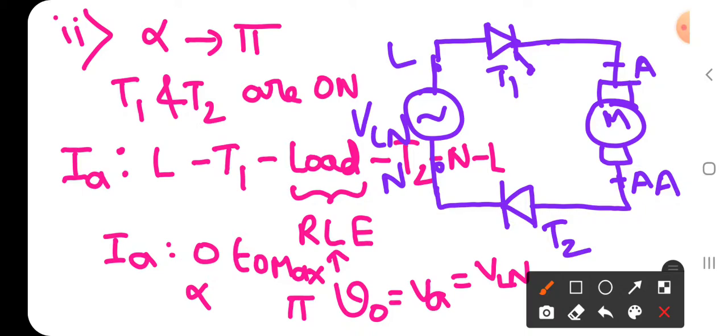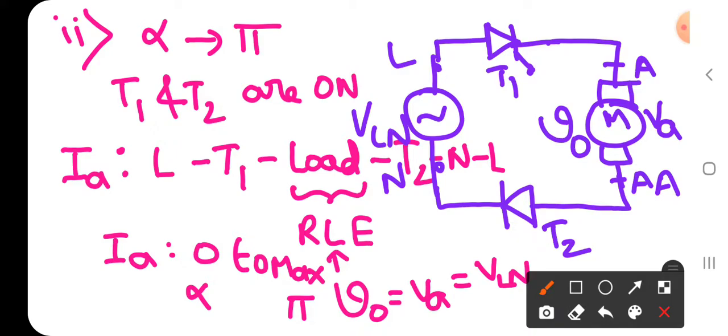Now what is the equation for the output voltage V0, or the voltage across the armature VA? As T1 and T2 are both short circuits, it is clear that V0 or VA is equal to VLN only, as we are neglecting the conduction losses of the two SCRs.